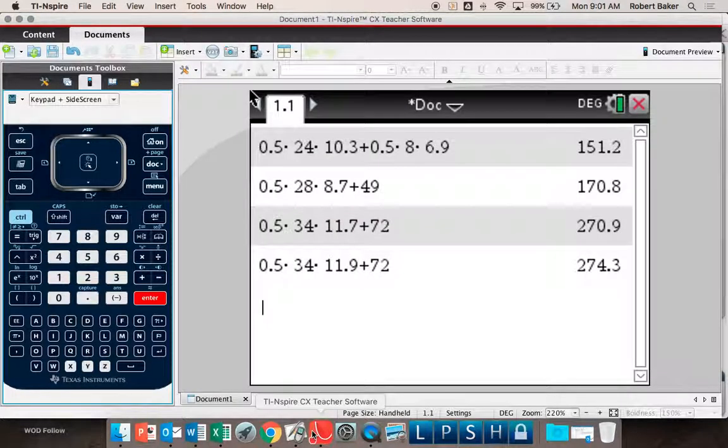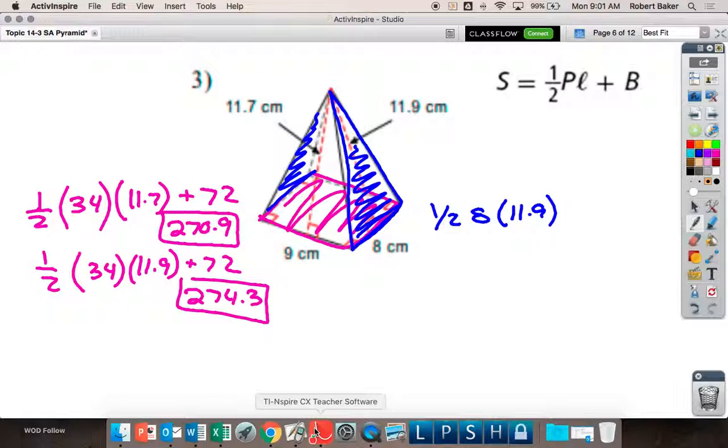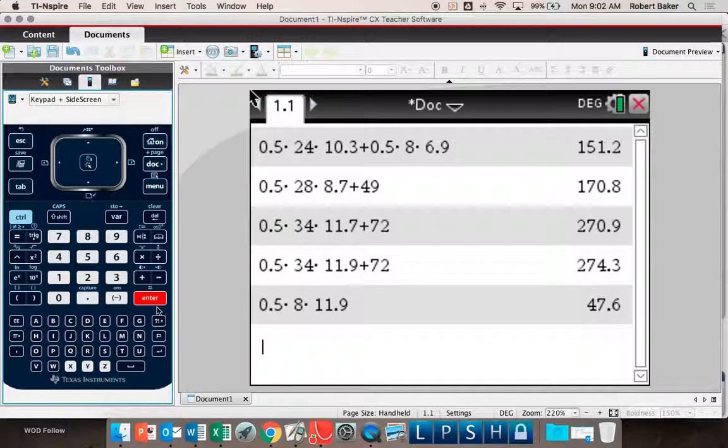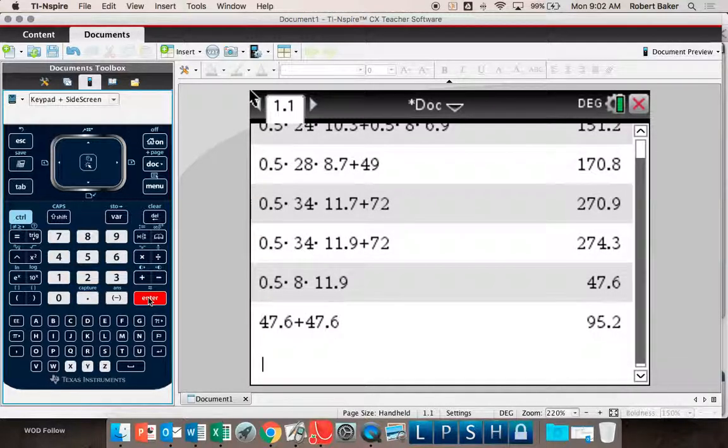So let's do that real quick. 0.5 times 8 times 11.9. That's the area of one face, and we have two of those faces, so we add them together. So the area of the blue faces is 95.2.